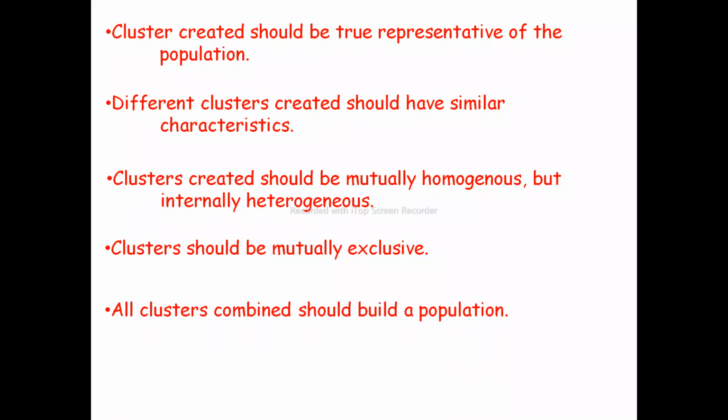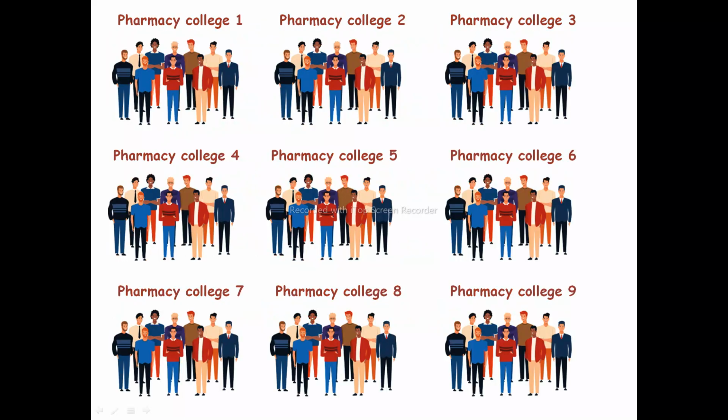Now, I will divide my whole population, that is pharmacy teachers of Karnataka, into clusters. So here I will take different pharmacy colleges as different clusters. Now, suppose in Karnataka there are 9 pharmacy colleges. Just imagine there are more than 9, but just for our understanding of this concept, imagine that in total Karnataka state has 9 pharmacy colleges.